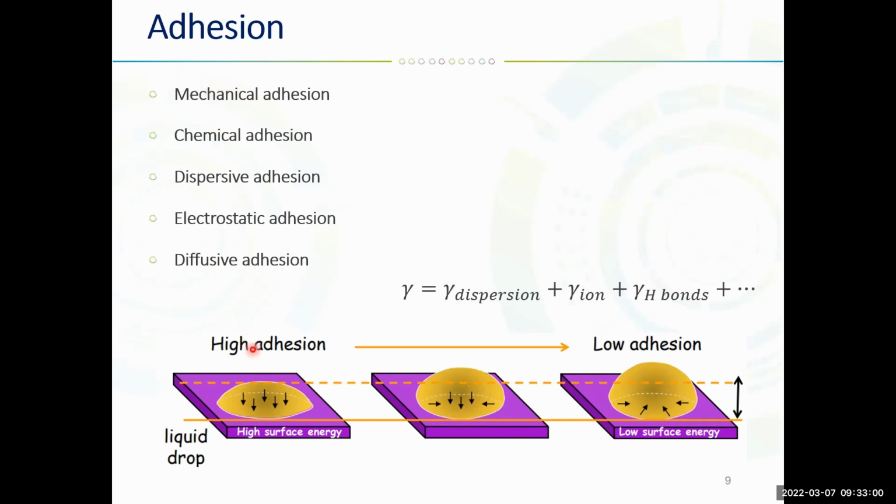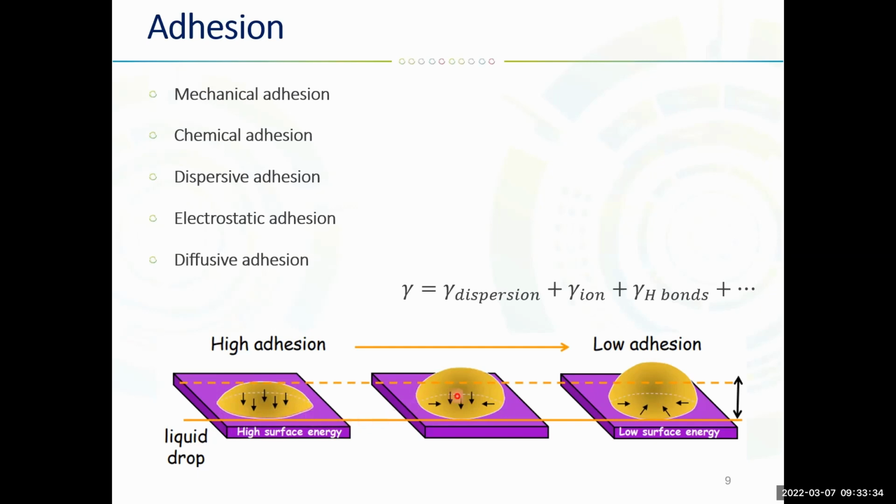This process is illustrated here. As an example, I just brought a drop of liquid on the surface. If the drop adheres very tightly to the surface, we refer to that as high adhesion. Basically, what's happening is the molecules in the drop are very strongly attracted to the molecules in the surface.